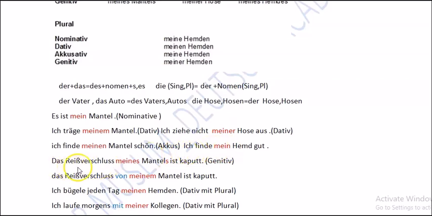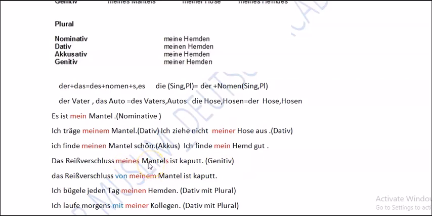The next one is der Reißverschluss meines Mantels ist kaputt. It means the zipper of my coat is broken and is not working. So we have used it here, and it is an example for genitive. For example, we are saying mein, es ist der Mantel.